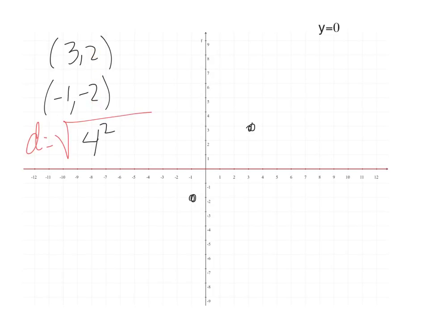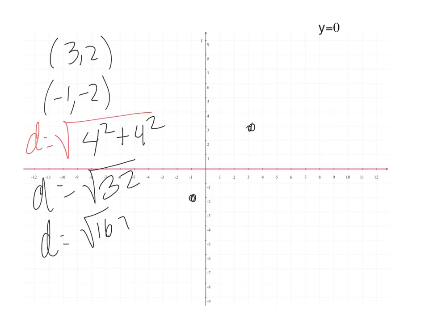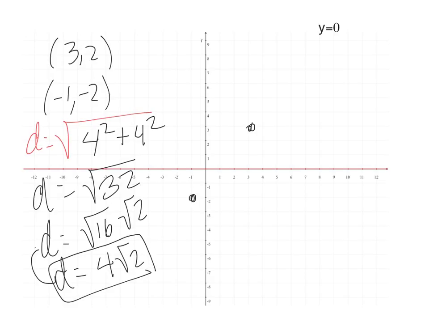Anyway, so this distance equals the square root of 16 plus 16, the square root of 32. And then your calculator will give you some answer. You can also simplify this by saying this is actually the same as this. Okay, you agree with that? And you could say this ultimately becomes 4 times the square root of 2. So this will give you the same as this one, the same as that.